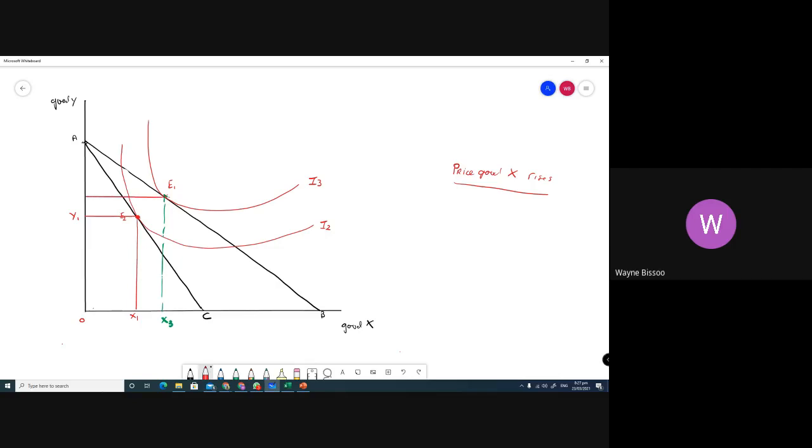I was consuming all the way out here at Y, let's call this Y3. So that was the combination of goods I was consuming at my first equilibrium point of E1, Y3, X3.